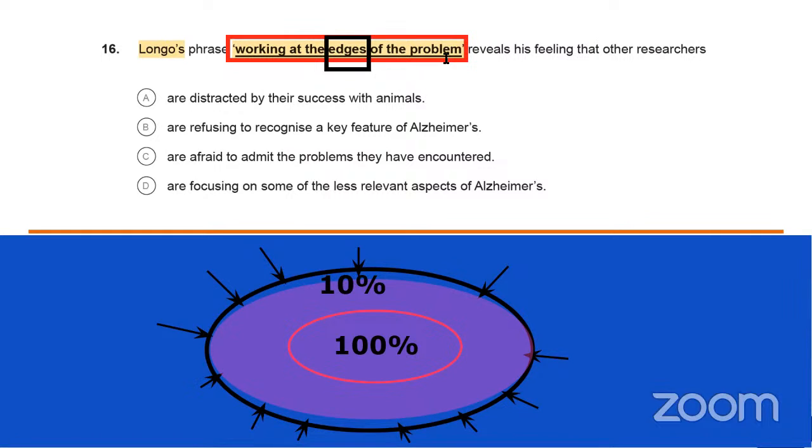You should go deeper into the issue of Alzheimer's. He means they are not going into the center. They are going into less. That's what he's telling there. Edges means less serious.